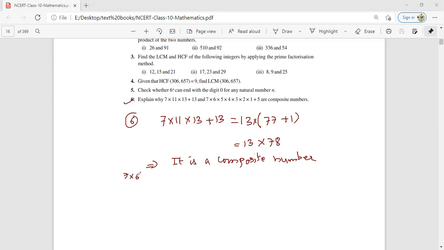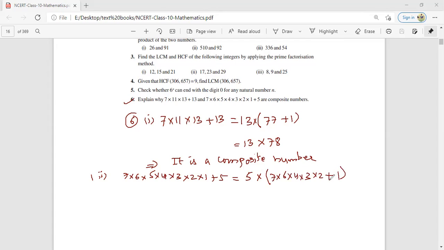The second number is what? 7 into 6 into 5 into 4 into 5 into 4 into 3 into 2 into 1 plus 5. So similarly, we can take 5 common. You will take 5 common, so 5 into 7 into 6 into 4 into 3 into 2 plus 1.